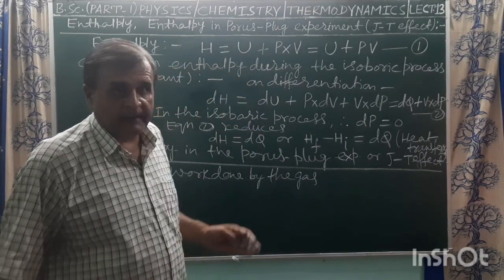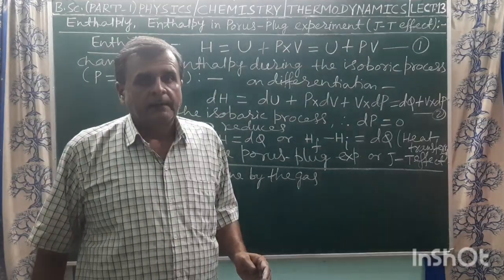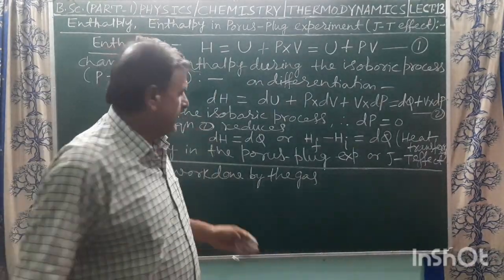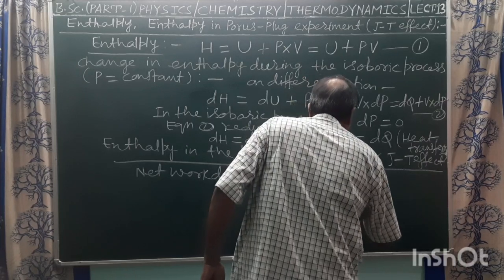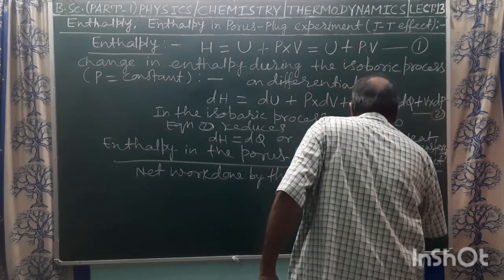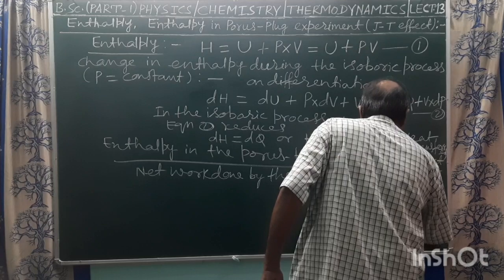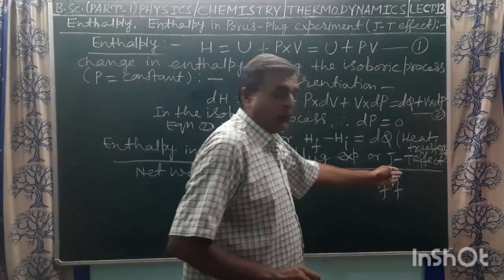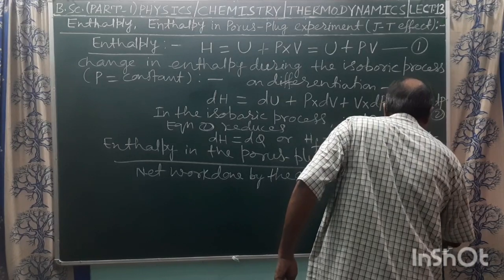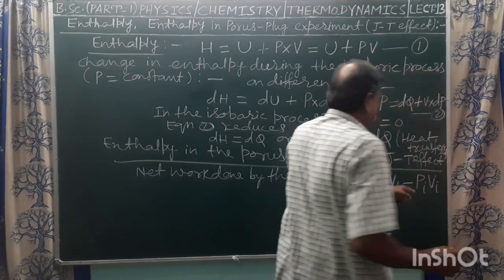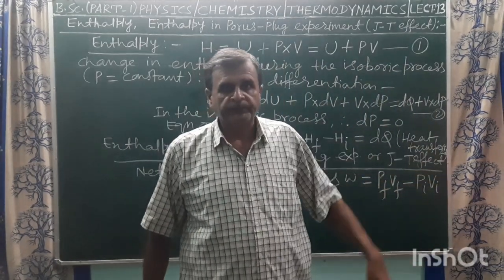when the gas passes through the porous plug, net work done by the gas is W equals Pf Vf, that is product of final pressure and volume, minus Pi Vi, that is product of initial pressure and initial volume.